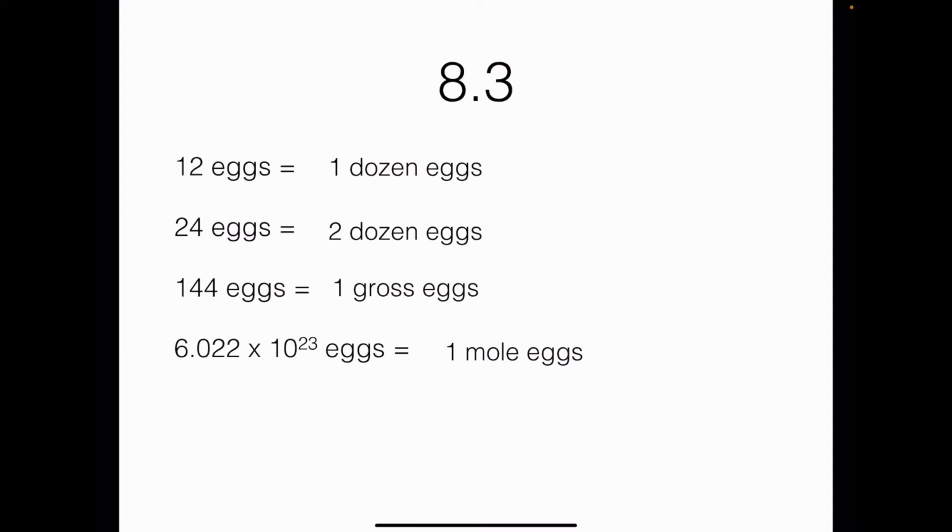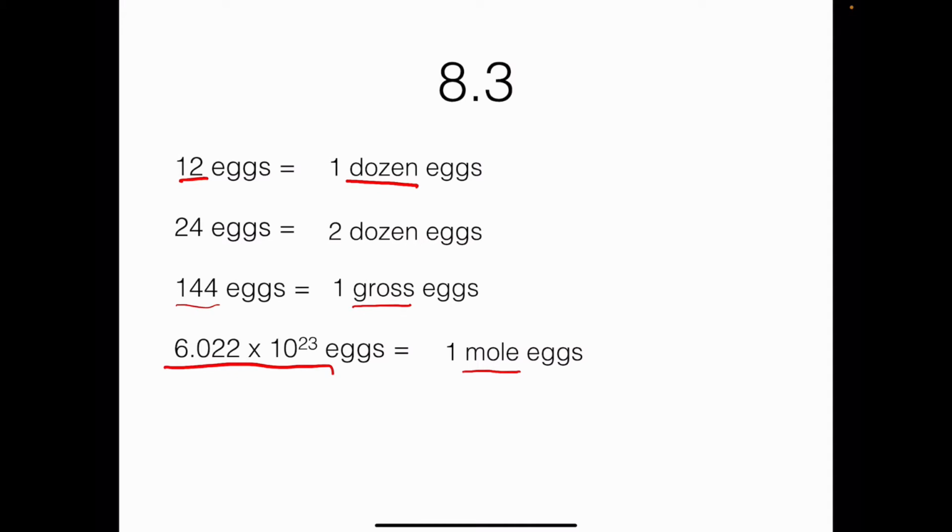So just like a dozen represents 12, except a gross represents 144, a mole, which is just another word for a specific amount, just like a dozen and a gross are, is 6.022 times 10 to the 23rd.